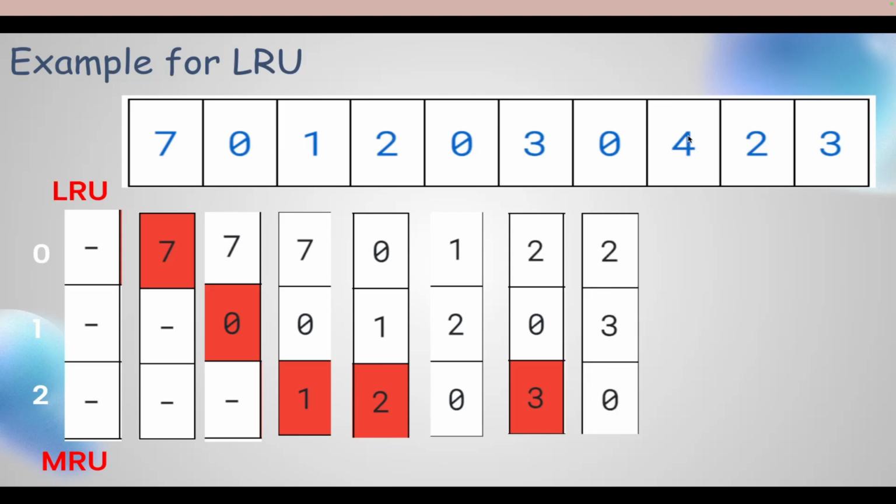The number 4 isn't in the card. So it will delete the least recently used data, number 2 in this case, and put number 4 into the bottom.